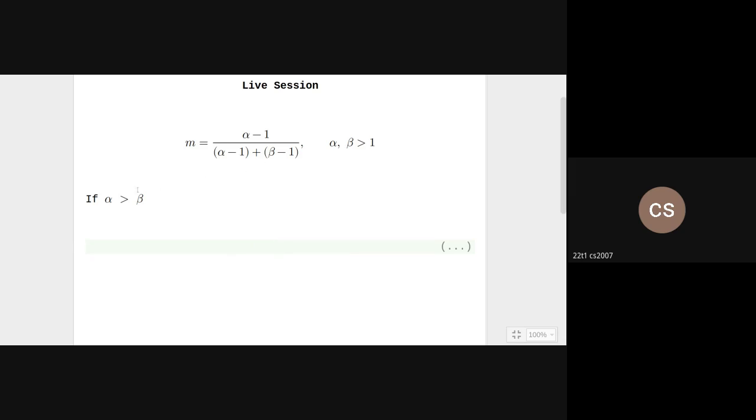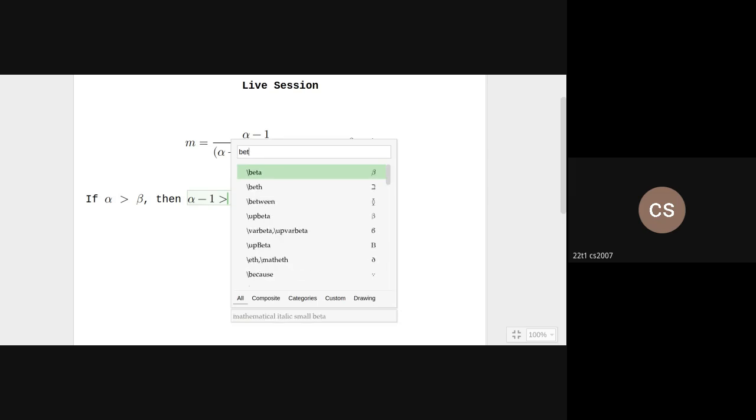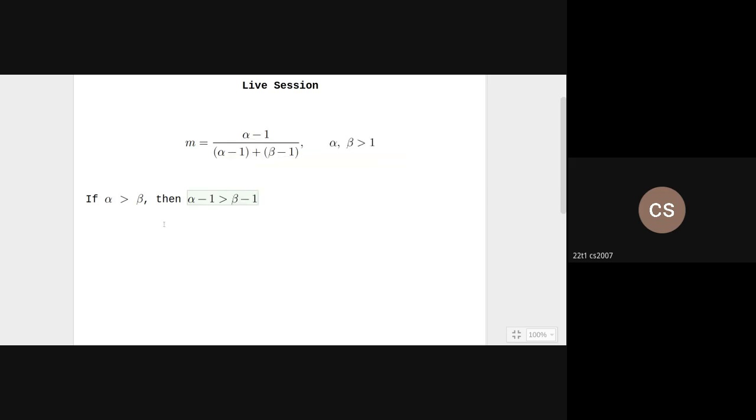So now if alpha is greater than beta, then what can I say about alpha minus 1? That will be greater than beta minus 1. Do you all agree? Yes, sir. Okay, so M is of the form x by x plus y kind of form.